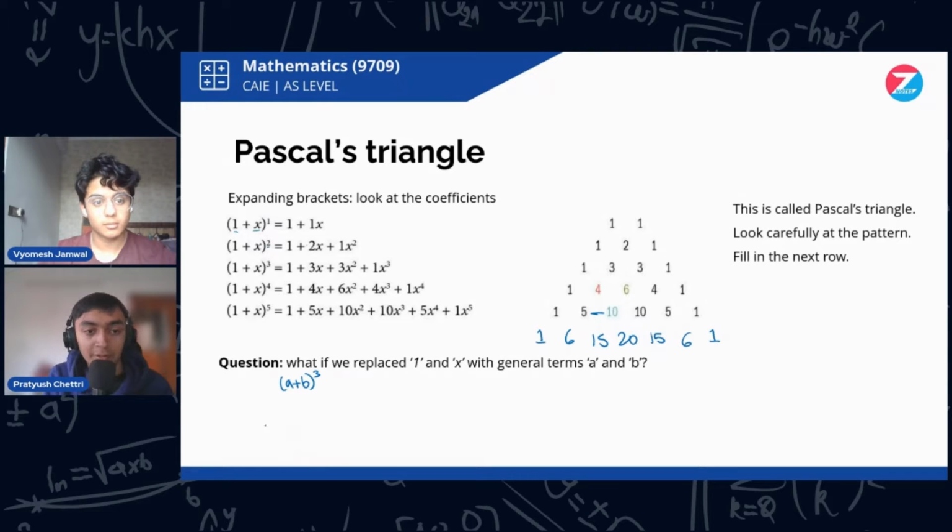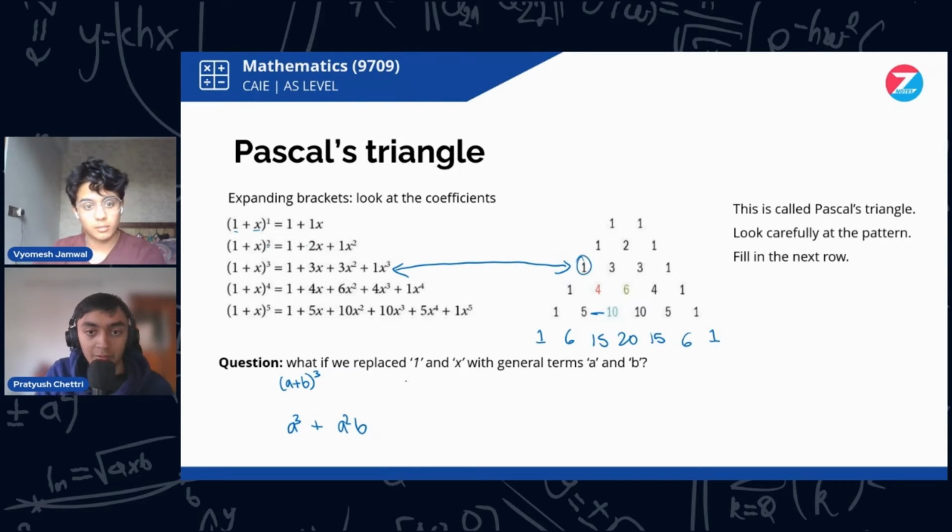Well, obviously we know that one of the terms would be a times a times a, so a cubed, and then the next term would have a squared and b, and the coefficient of that is given by Pascal's triangle. So we're looking at the power 3, so it's this row of Pascal's triangle.